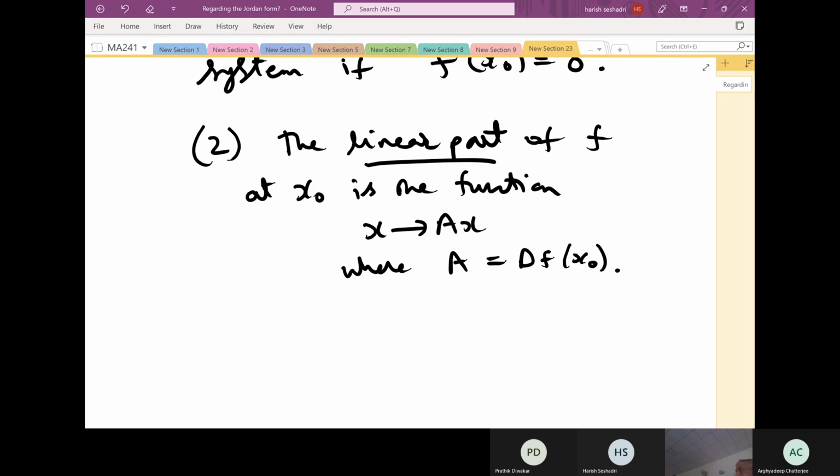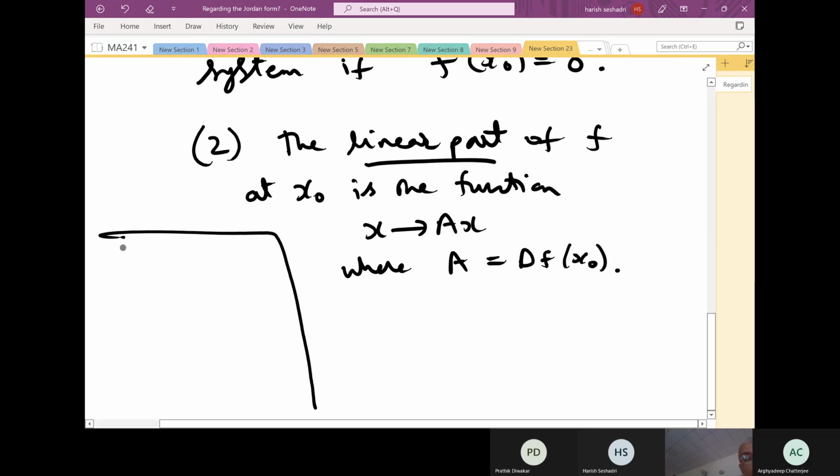After all, we know the Taylor series in multivariables, which I don't think I discussed, but it takes this form, x minus x naught.